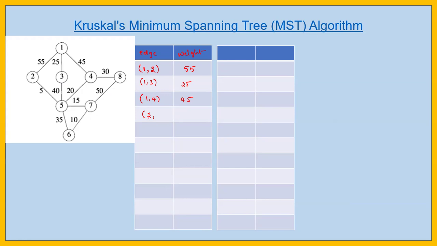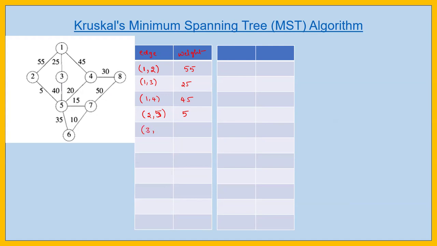So 2 to 1, no need to include. 2 to 2, there is no direct edge. 2 to 3, we do not have an edge. 2 to 4, no edge. We have an edge from 2 to 5. What is the weight of this one? 5. Next, 2 to 6, no. 2 to 7, no. 2 to 8, no. So we have only one edge from 2, that is 2 to 5.